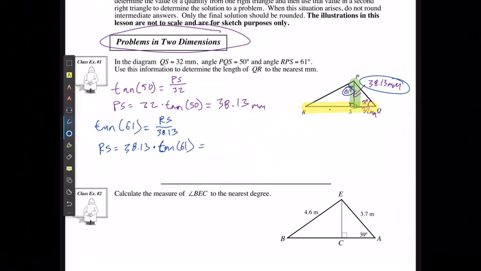And this is going to give me 68.79 approximately millimeters.